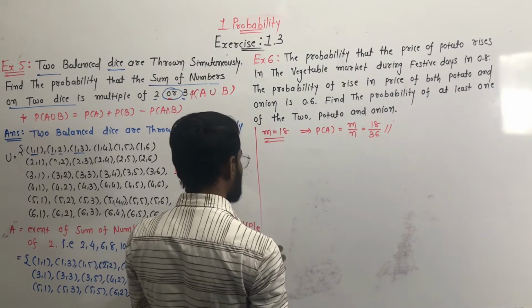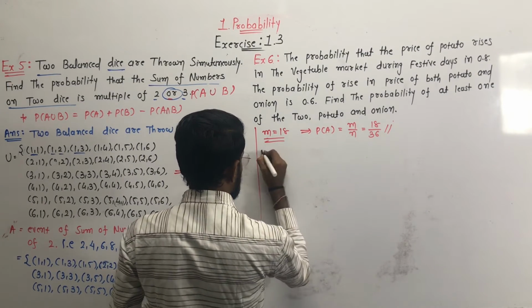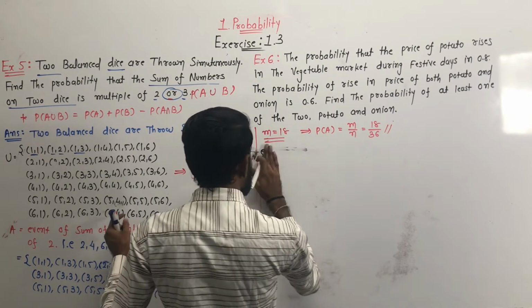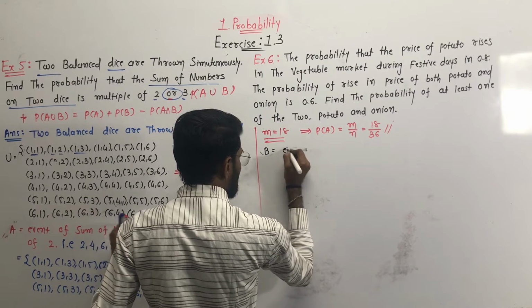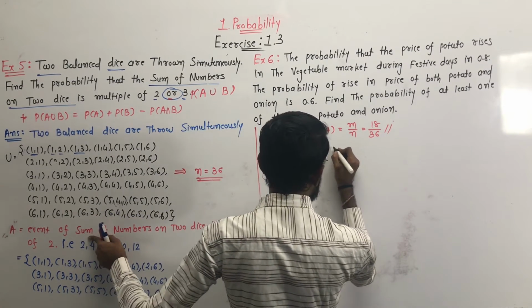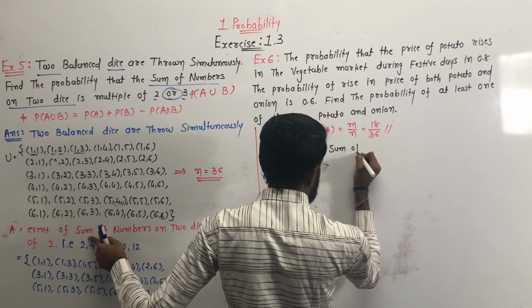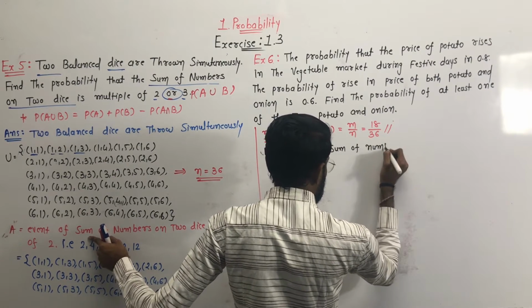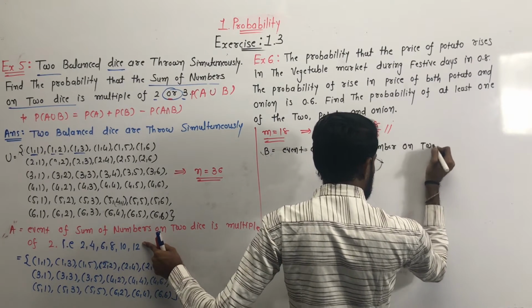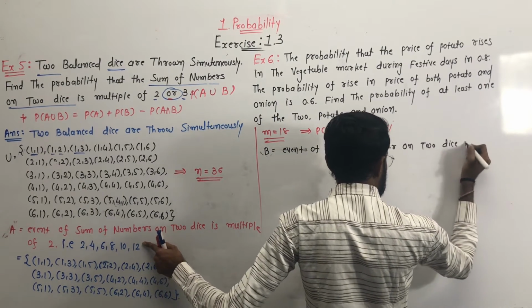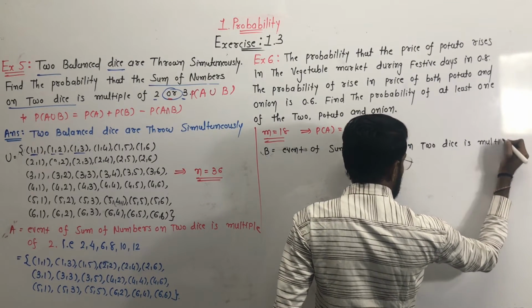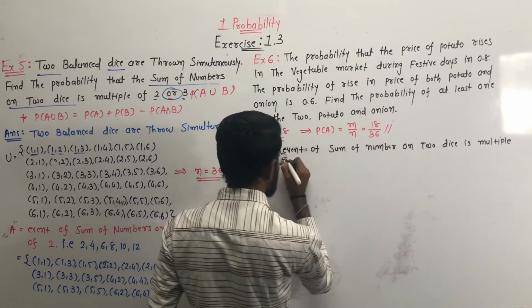Event B is the event of the sum of numbers on two dice being a multiple of 3.